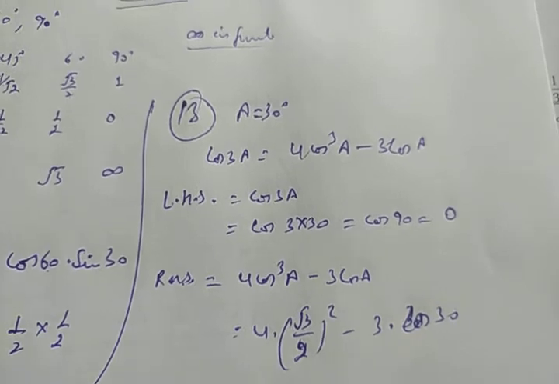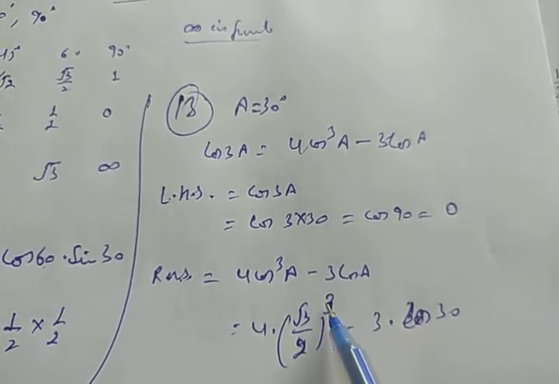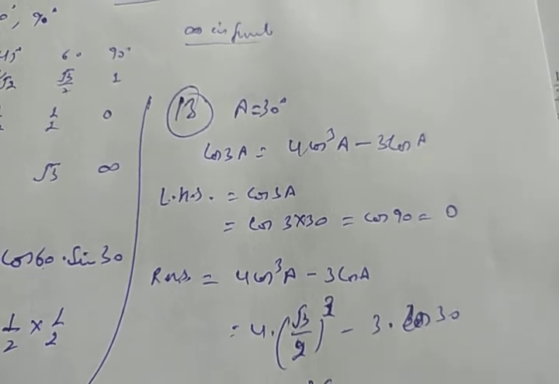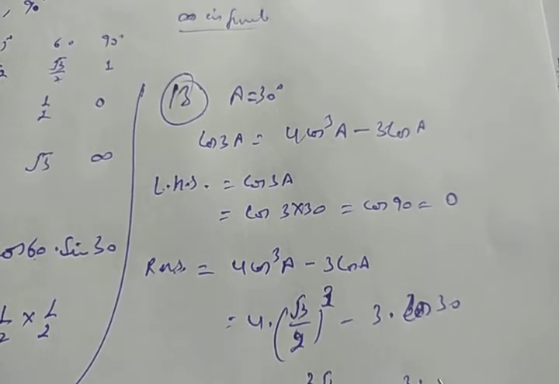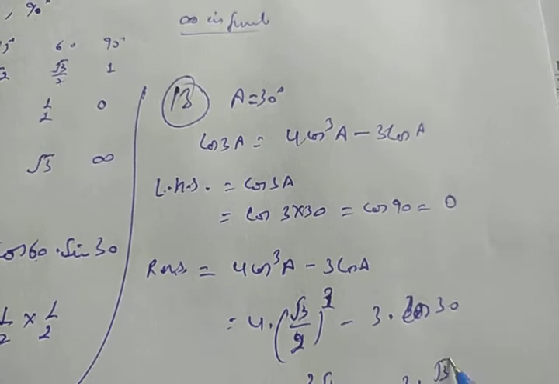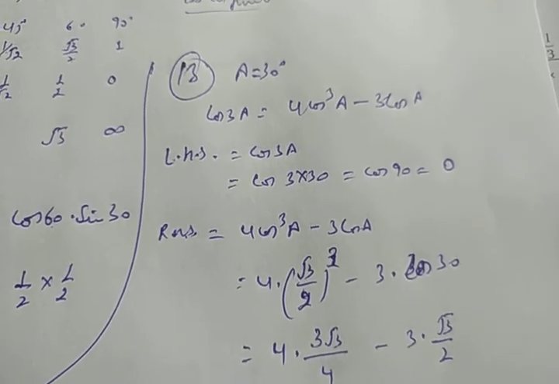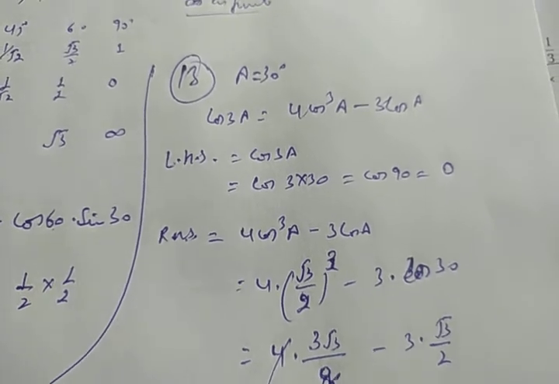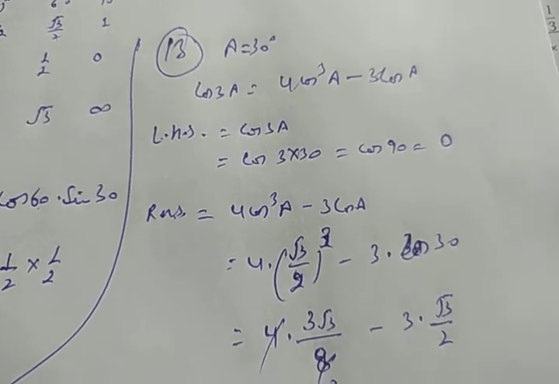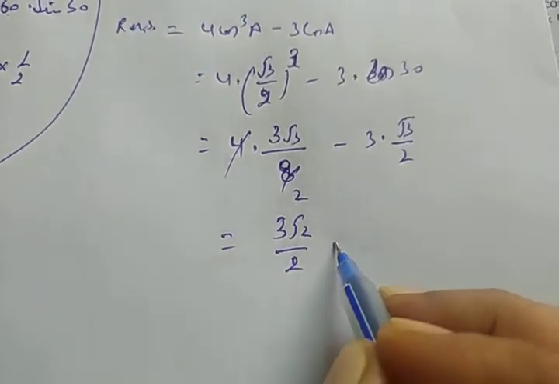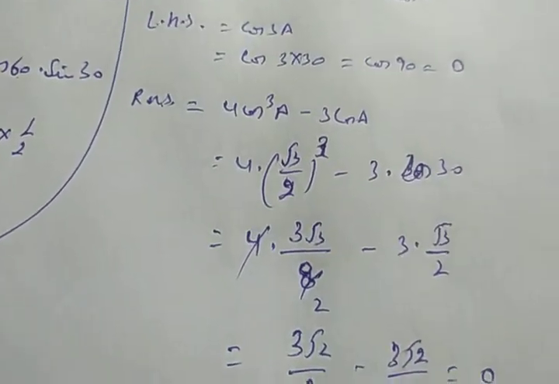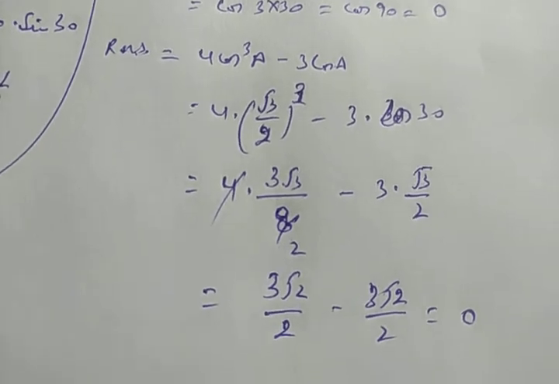When it is cube, when you multiply 3 times, this will be 3 under root 3 upon 4 minus 3 into under root 3 by 2. This is 3 under root 3 upon 2 minus 3 under root 3 upon 2, that is 0. Both values are coming the same, hence it is verified.